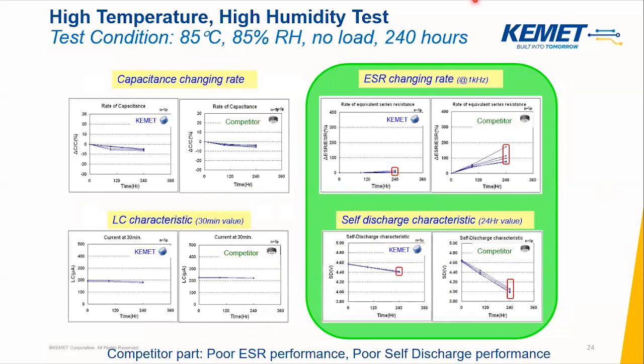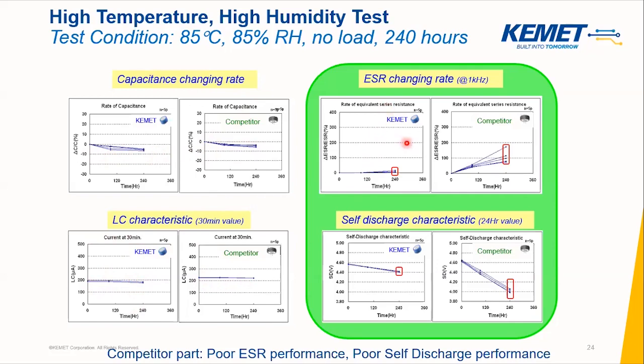When it comes to high temperature and high humidity tests, these are the results we have provided from the test condition of 85% humidity with no load, up to 240 hours. As you can see from the capacitance changing rate, maybe there's not much difference between the KEMET and competitor products, and for the leakage current, the KEMET product is a bit lower, but not a huge difference.